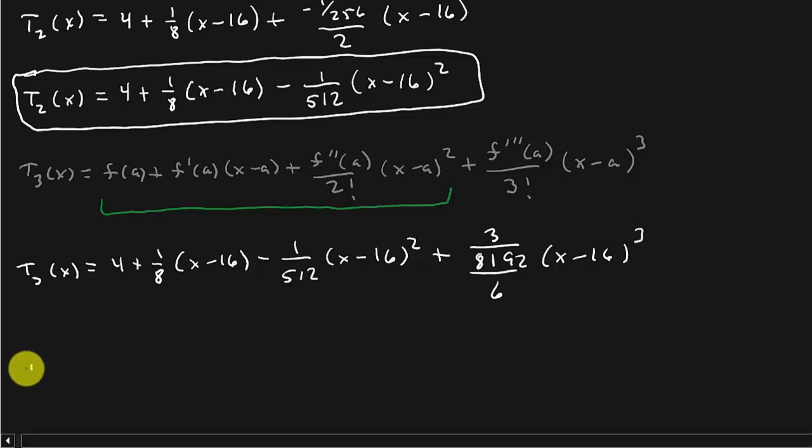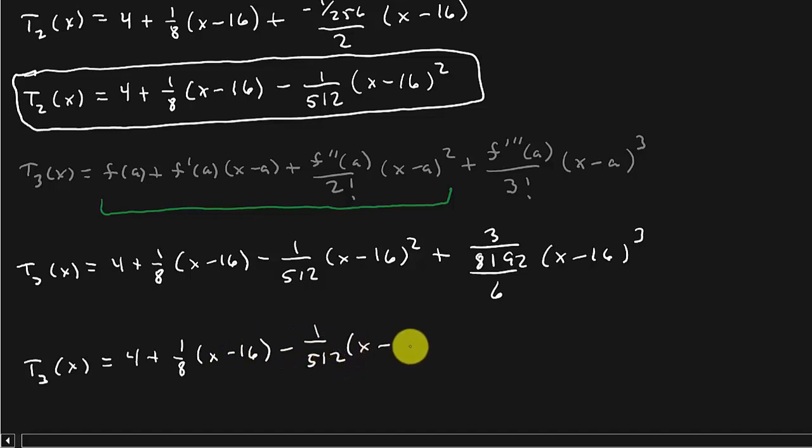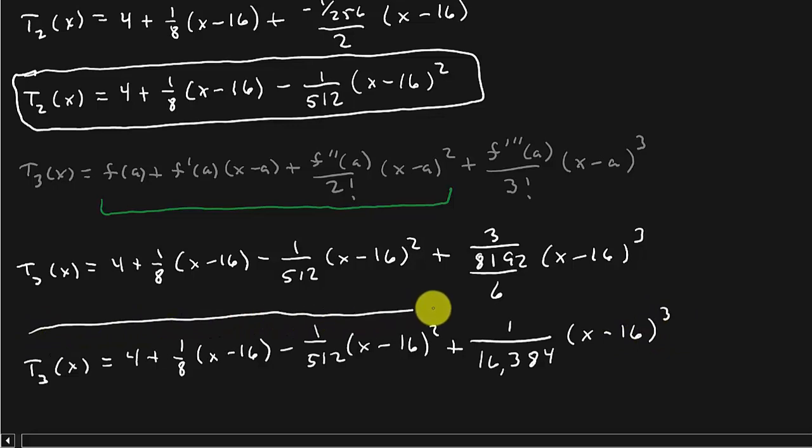And so that's going to give me T3 of x is 4 plus 1/8 times x minus 16 minus 1 over 512 times x minus 16 squared plus 1 over 16,384 times x minus 16 cubed. And there's T3.